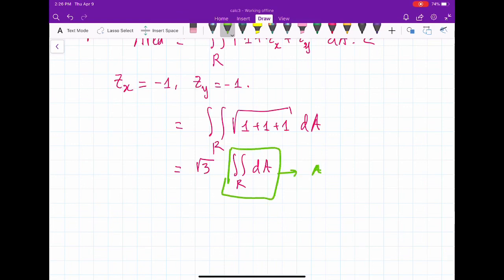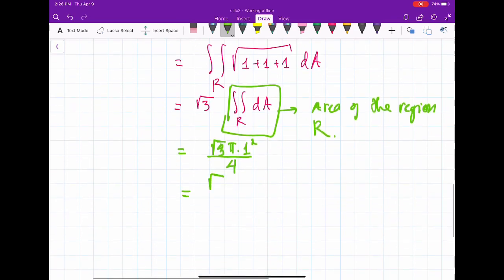This is nothing but the area of the region R, which is 1/4 of the area of the circle, right? So the area of the circle is pi times 1 squared. Here we have square root of 3, and since that is just 1/4, we have to divide by 4, and the answer is square root of 3 over 4 times pi.